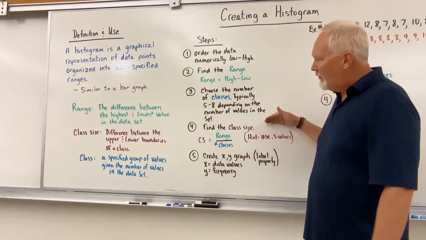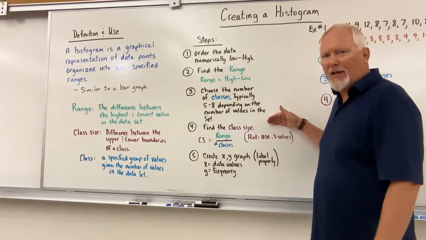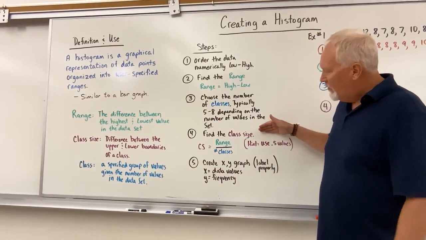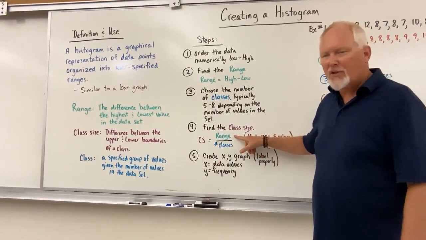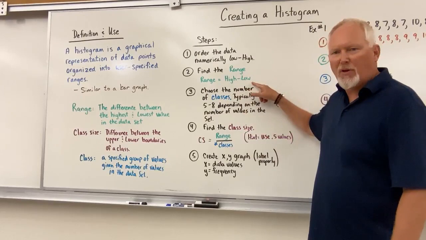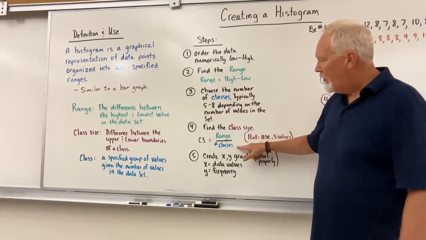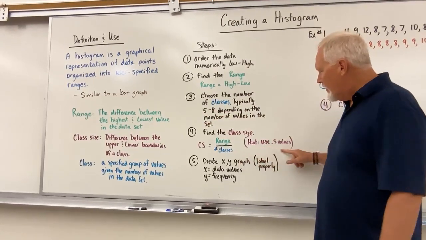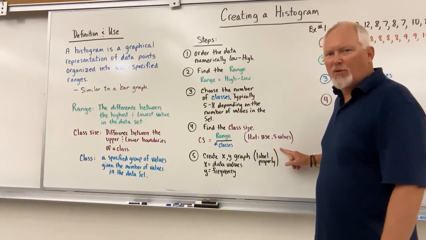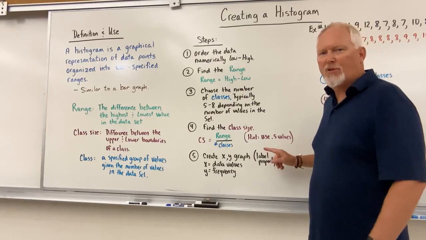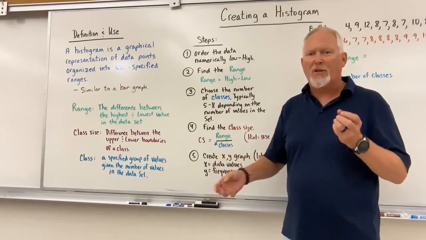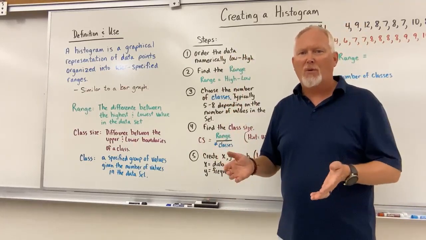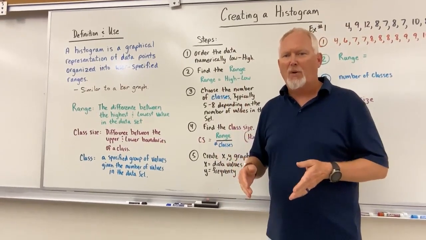Then, step 4, we're going to find the class size. For the class size, you're going to take the range, the difference between the high and the low, over the number of classes, so either 5 to 8 or so. And hint, after we do that, we're going to use values of 0.5 or so to help separate the values and determine which bucket or class they're going to go into.